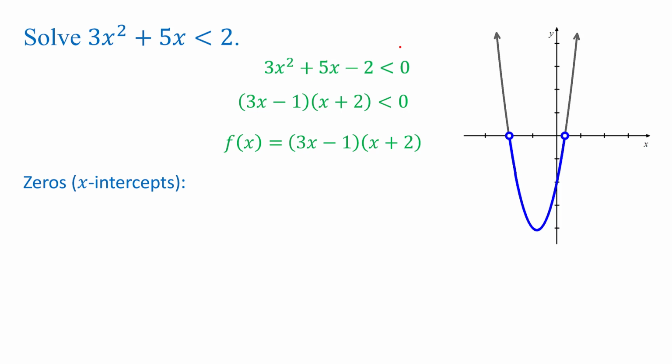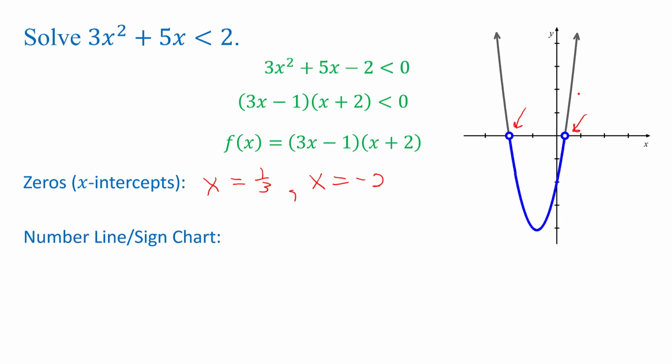If I set 3x minus 1 equal to 0, x equals 1/3. If I set x plus 2 equal to 0, x equals negative 2. Note that these zeros correspond to the x-intercepts that we use to solve this inequality through graphing.